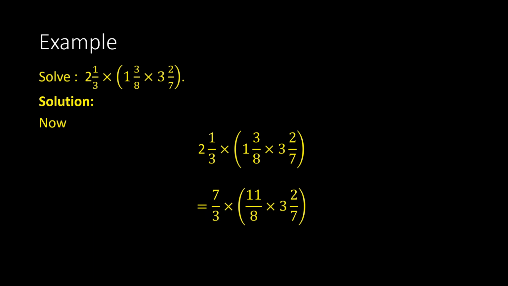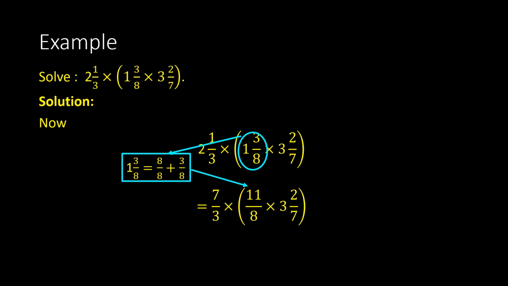Similarly, let's convert 1 and 3/8 to a top-heavy or improper fraction. One whole is represented by 8 over 8, and 3/8, of course, is just 3/8. Add these together to give 11 over 8.